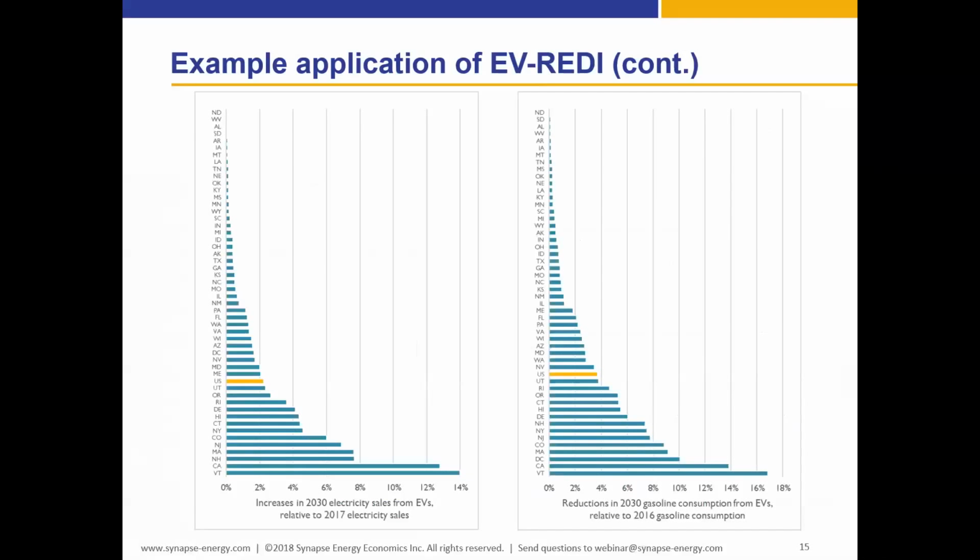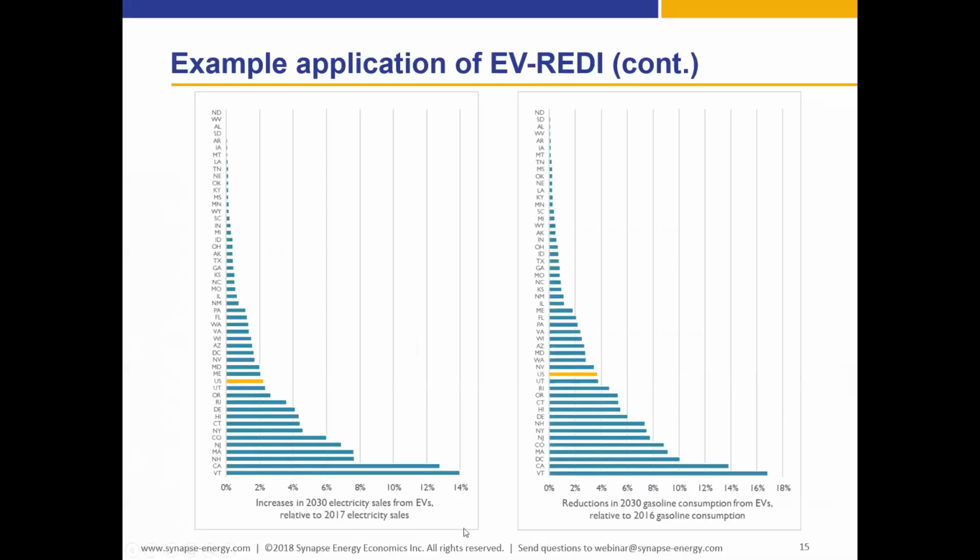So here's another interesting chart, and hopefully your screen is big enough to read it. I think the software actually has a zoom feature, so you can zoom in if you can't quite read the name of the state that you're interested in. So here are two charts that at first blush look really similar, but I think have pretty interesting different implications.